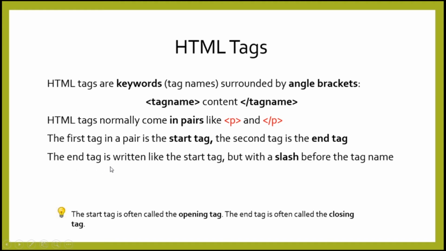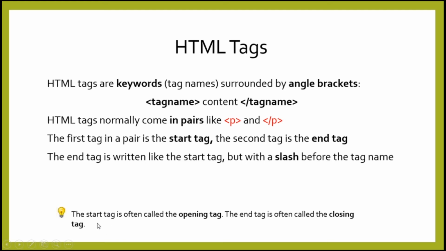The end tag is written like the start tag but with a slash before the tag name. So you could use /p, or slash the name of the tag. That is how you are going to close the tag.